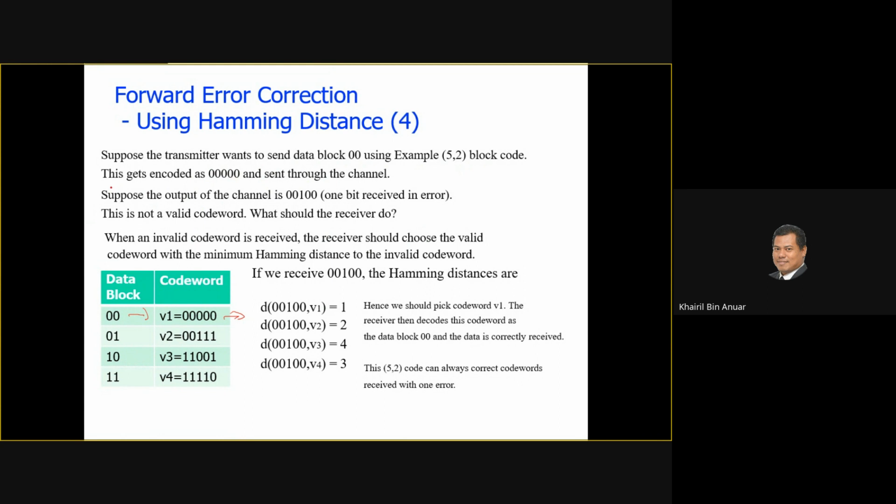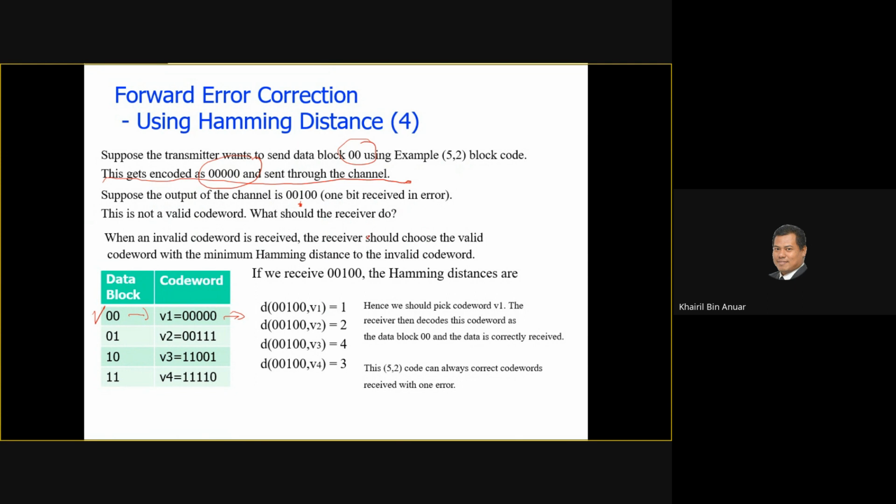So here it says that you send exactly the 00 data block with this code word. This one is correct. But then suppose that the output of the channel has changed from 00000 to 00100, meaning that this bit has been changed. So one bit is received in error, and this is not a valid code word. What should the receiver do?